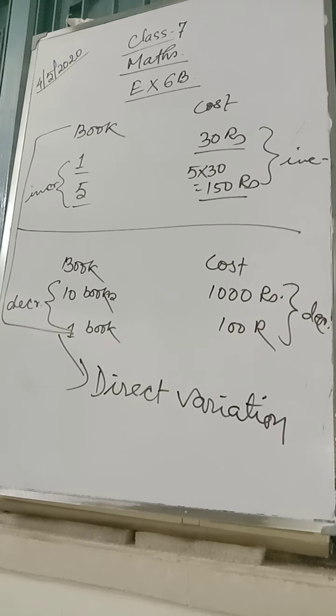Why? Because the speed of the car is more. If the speed of the car is more, you should take more time because both should increase, but it does not happen. What happens? You increase your speed and you decrease your time. The time to reach your destination is decreased while your speed is increased. This is called indirect variation. When the speed is increasing, the time decreases, and when the time increases, speed decreases.